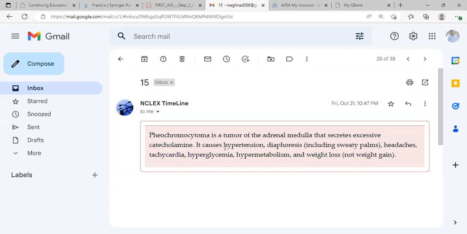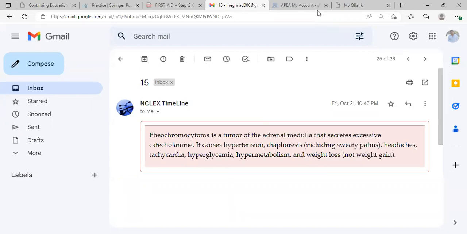It causes hypertension, diaphoresis, meaning sweating, headache, tachycardia, hyperglycemia, hypermetabolism, and weight loss.